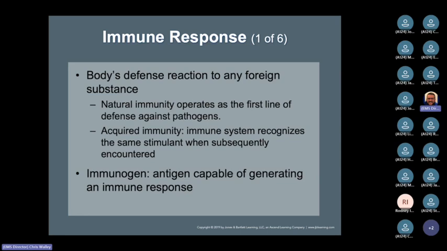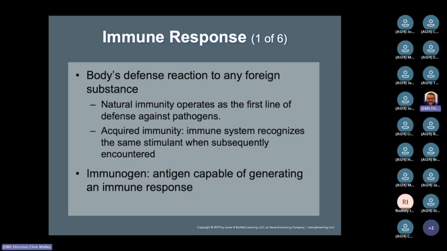Types of immune system cells include basophils, neutrophils, monocytes, lymphocytes, macrophages, mast cells, and plasma cells. You have B cells, or B lymphocytes, helper cells, memory B cells, and your T cells.